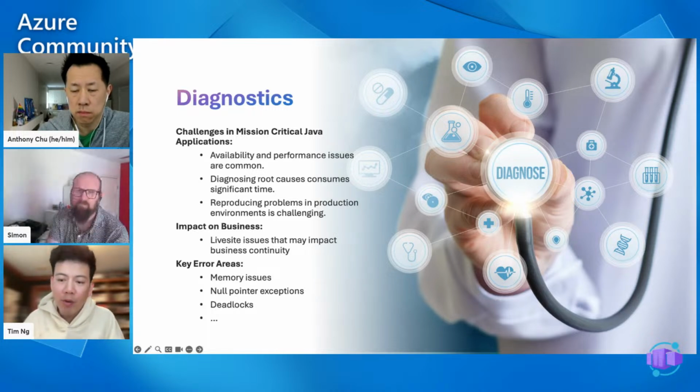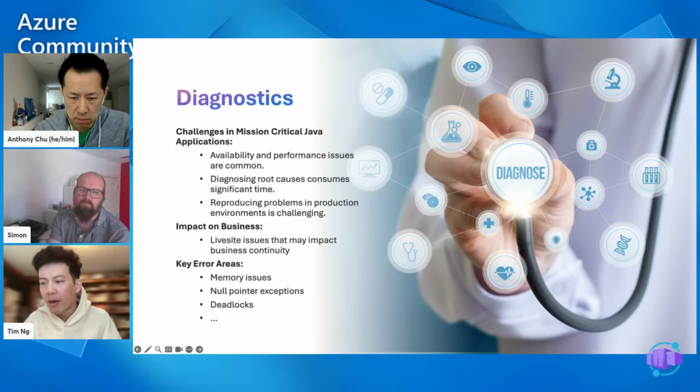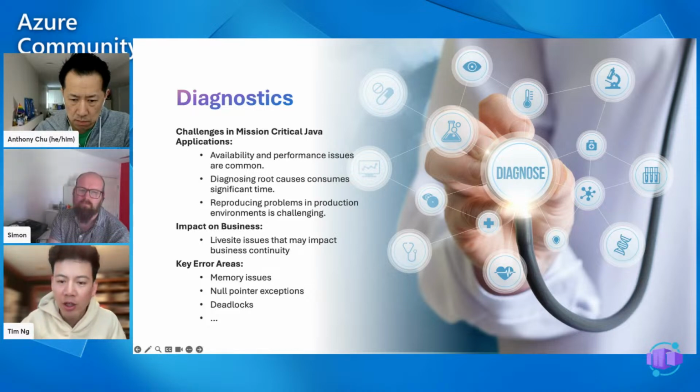Our North Star direction here is to deliver a robust and great diagnostic experience so that when errors happen, you can find them on the spot. Our goal is to reduce mean time to recovery for any Java application running on ACA. And so I want to share with you some of the things that we've done here.